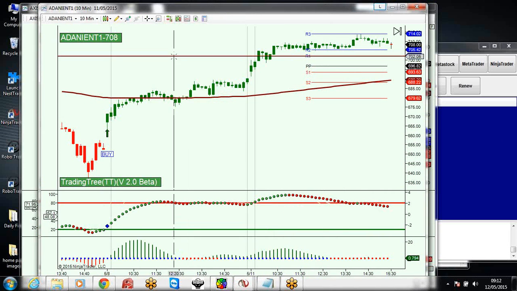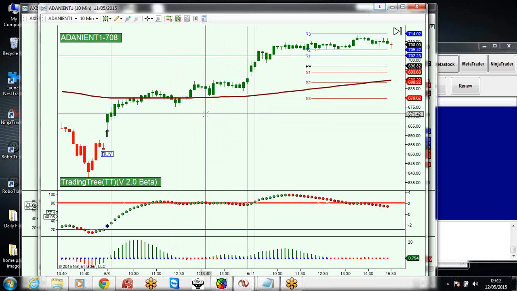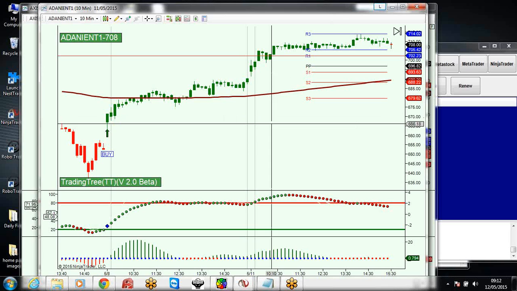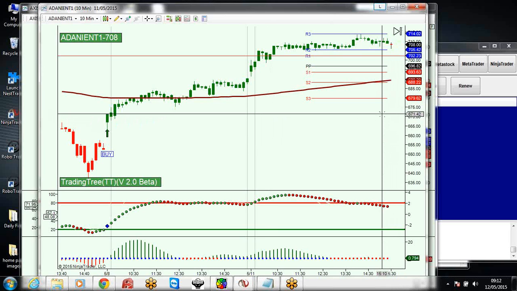The red horizontal line you are seeing is the trailing stop loss line. Whenever you get a signal, that is, whenever a call is generated on this particular trading tree, you'll have to place your order on the terminal. You'll have to place the order manually, but you should be getting all the calls here.